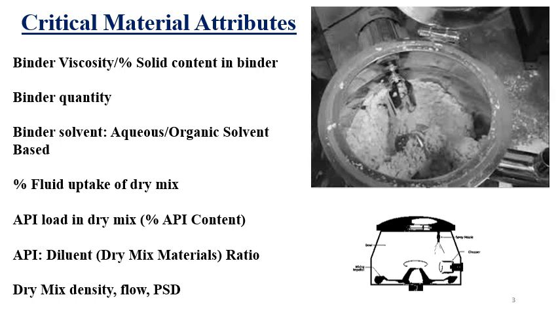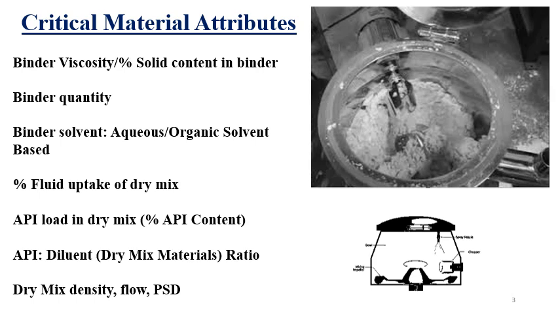Then coming to the API load in dry mix, that is percent API content. Whether the API load is high or API load in the dry mix is medium or middle or it is low. So it depends on the formula composition and product. Then API to diluent ratio or API to dry mix materials ratio.